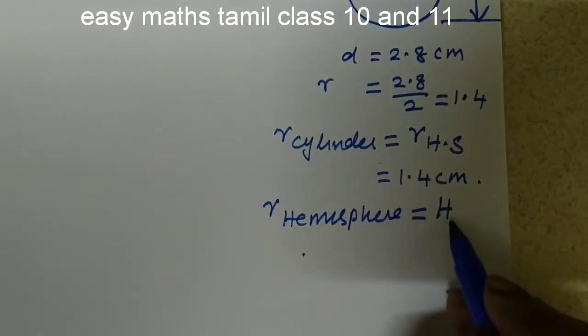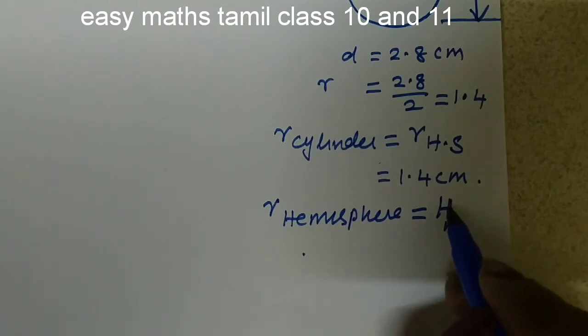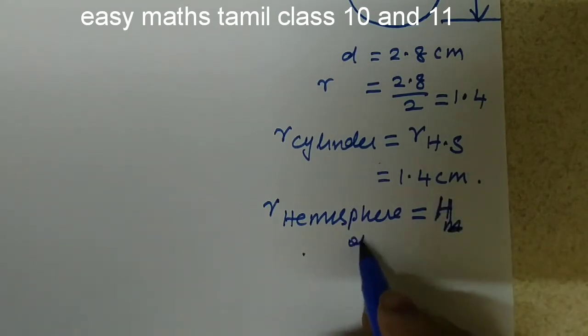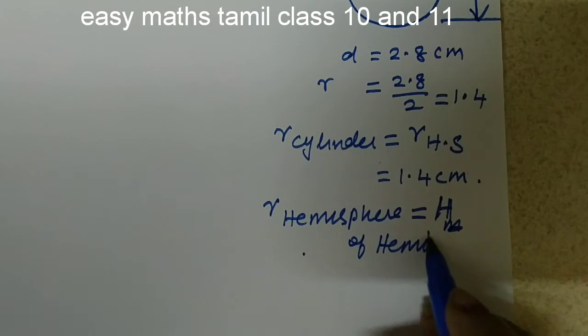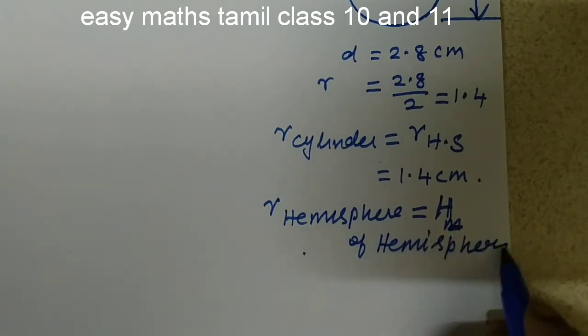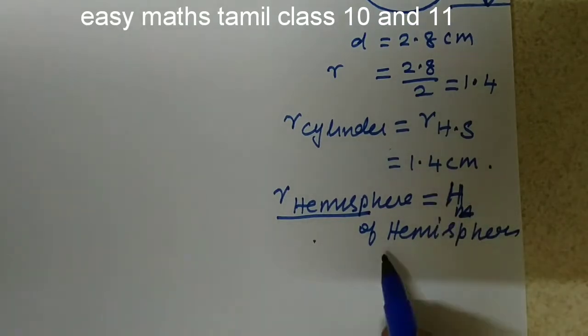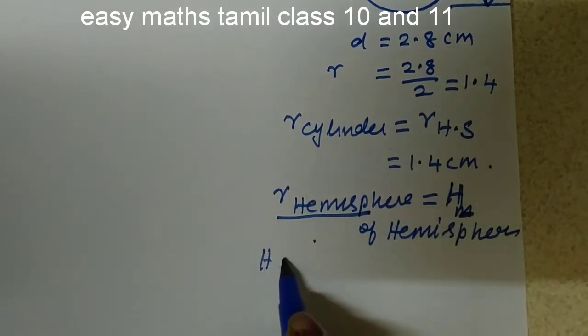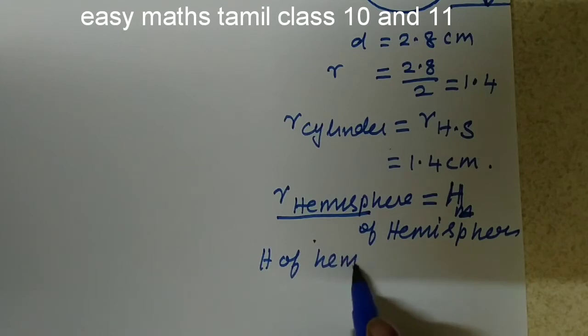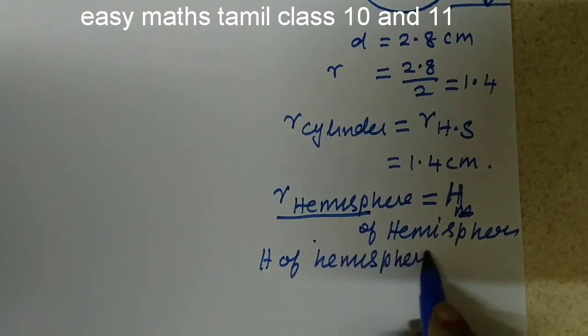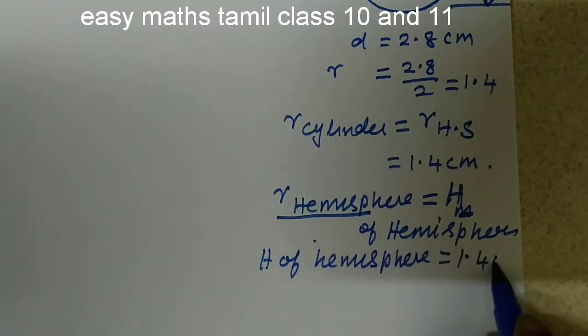At the same time, the radius of the hemisphere is equal to the height of the hemisphere. If the radius of the hemisphere is 1.4 centimeter, it means the height of the hemisphere is also 1.4 centimeter.